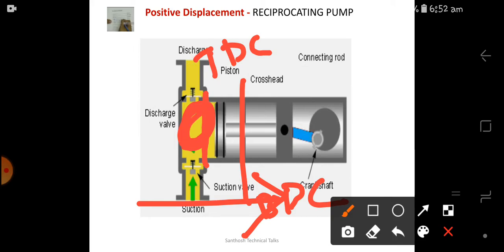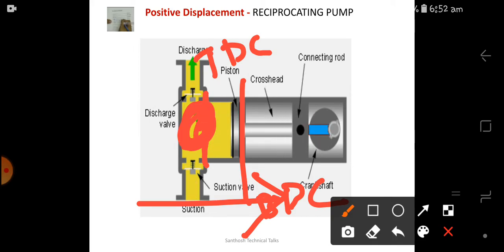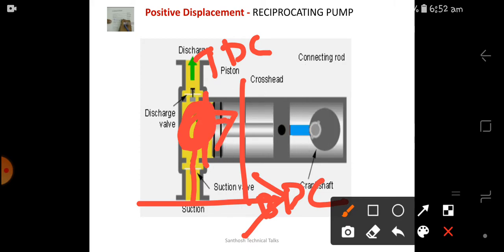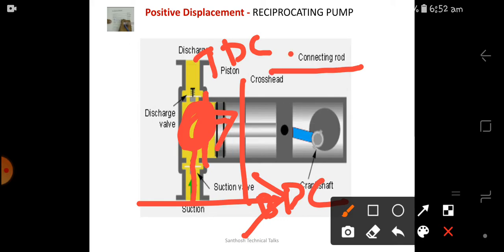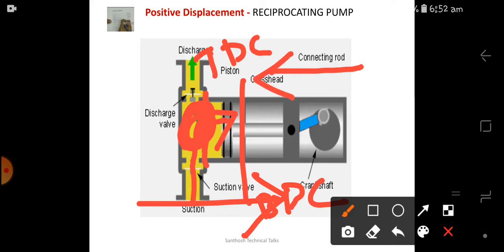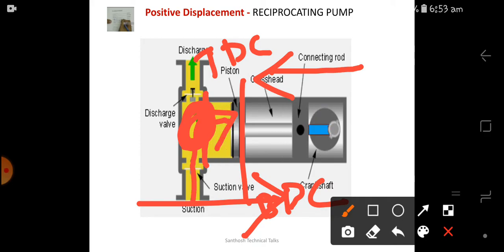In order to fill this vacuum, the suction valve opens and the fluid or liquid comes into the piston cylinder arrangement. After that, in the next stroke, from bottom dead center to top dead center, the piston compresses the liquid inside the cylinder.